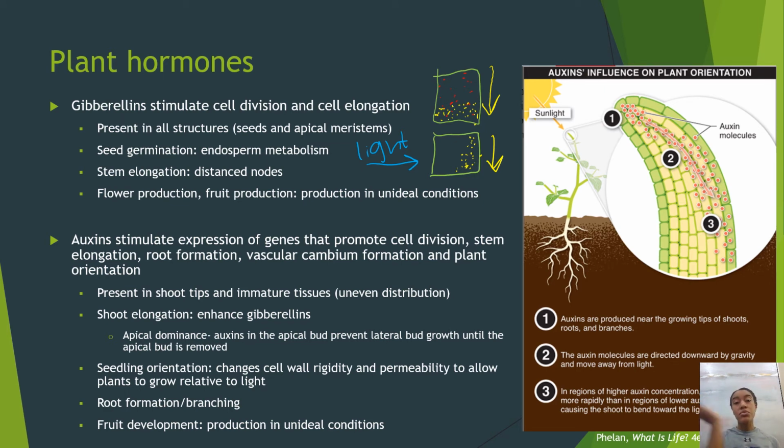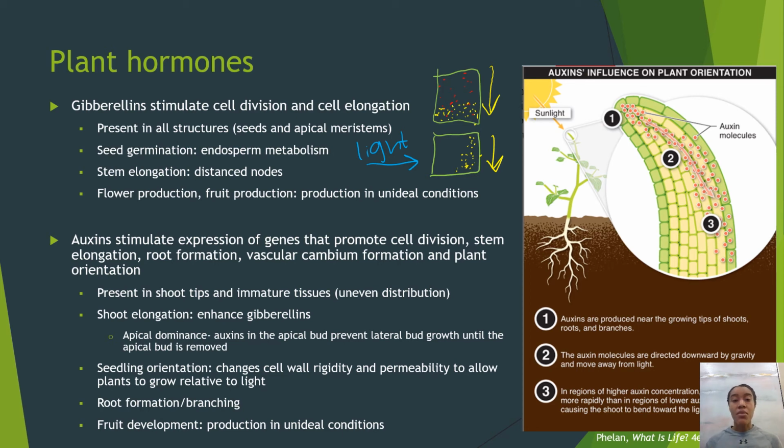But once you remove the apical meristem, you've removed the vast majority of those auxins that were inhibiting the axillary buds' growth, and this will allow the axillary buds to start to grow and develop. This process is referred to as apical dominance.